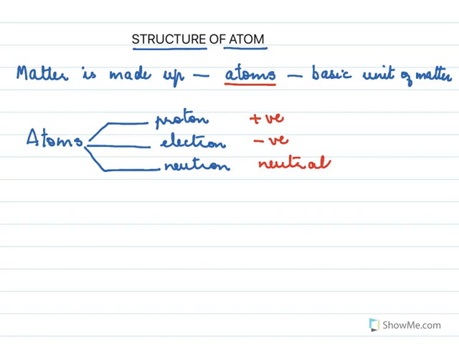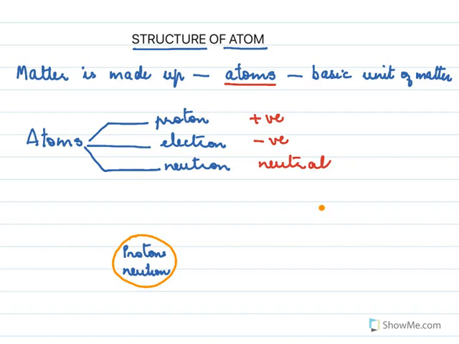We'll now go into the parts of the atom. The atom has a central portion called the nucleus. And in this nucleus are present the protons and the neutrons. So let's write this point. We have the central nucleus.